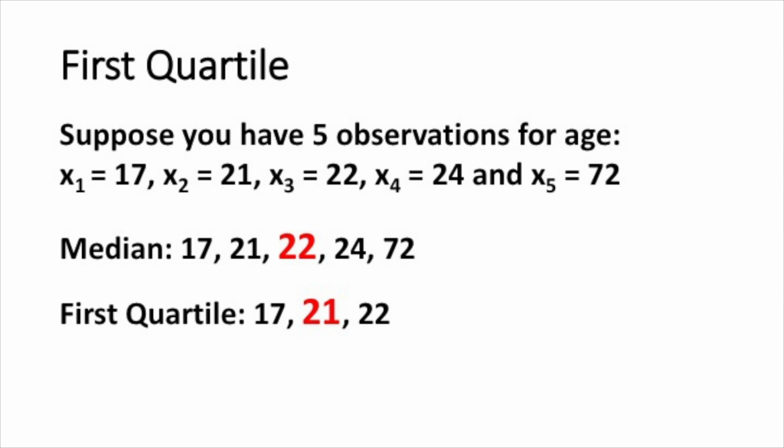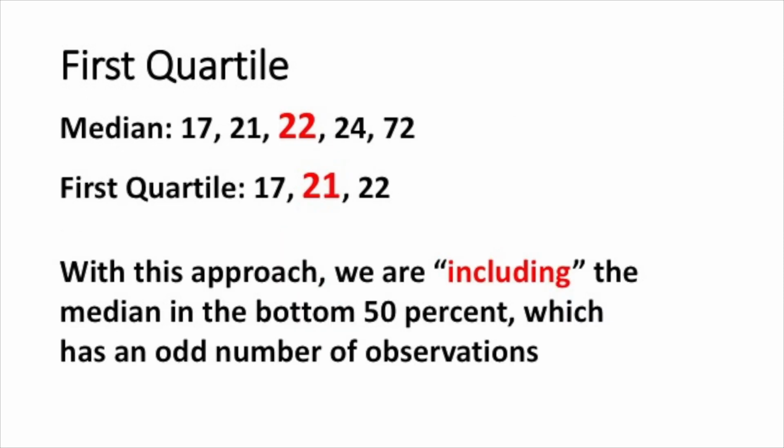Now, if we think of the 25th percentile as splitting the bottom 50% of the observations in half, we want to focus on the values 17, 21, and 22. This is a case if you include the median in the bottom half of the distribution. With these 3 values, which is an odd number, you see that the value 21 splits the bottom half of the distribution. So 21 is the first quartile, or the 25th percentile.